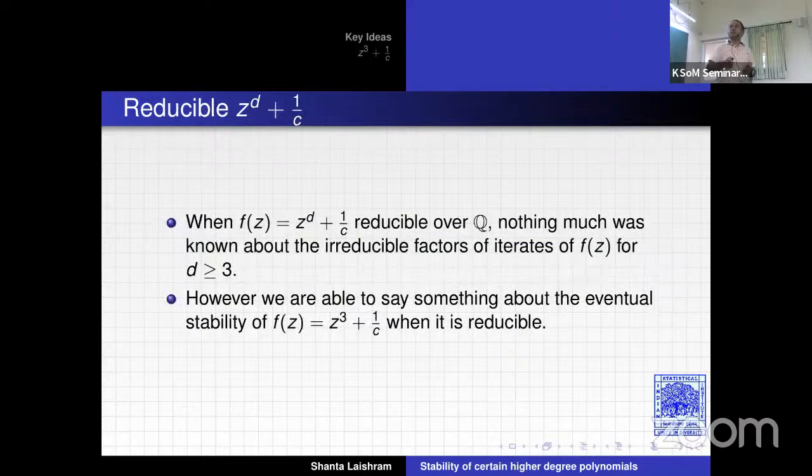When F_c, which is x^d plus 1 over c, is reducible, nothing was known, but when d is actually 3, we can say something. Well, it's not going to be stable, but there is going to be eventually stable.